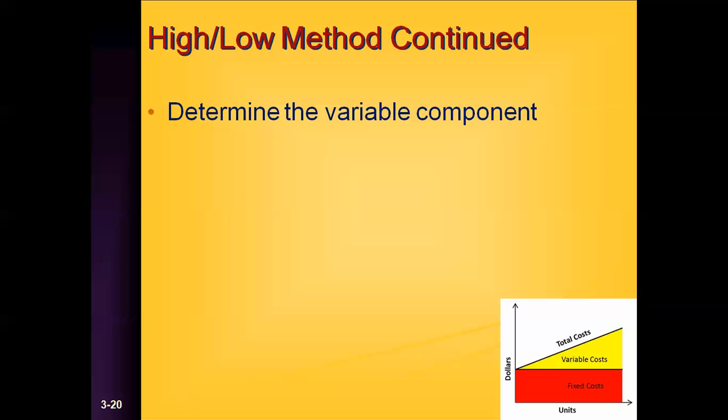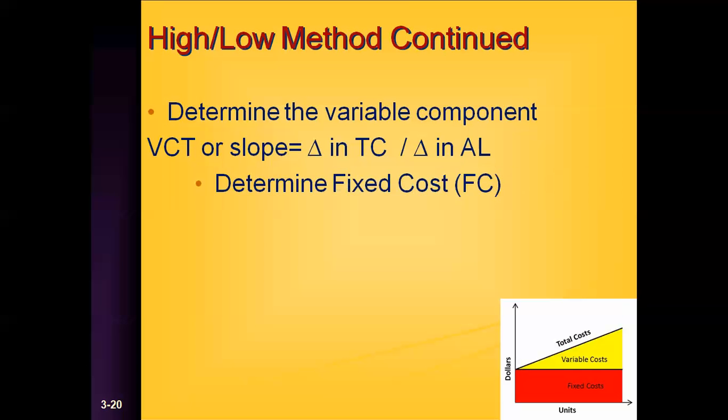To determine the variable component, you would use this particular formula. The VCT, or slope, equals the change in total cost divided by the change in activity level.